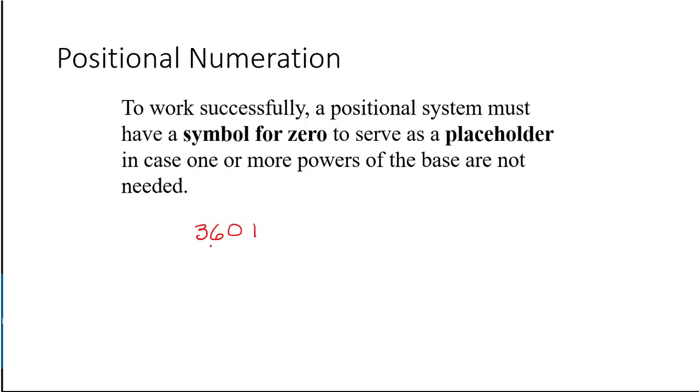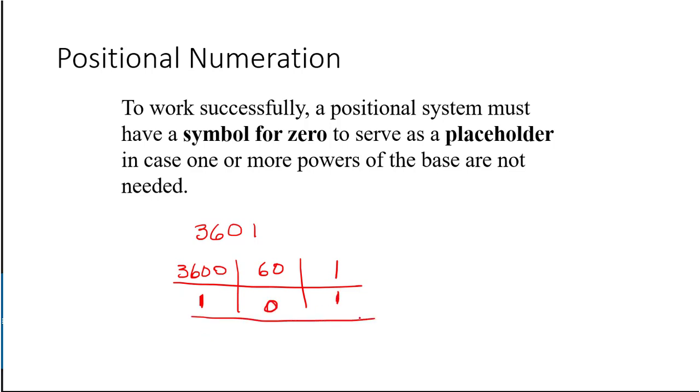Well, 3,600, 60, and 1 are the place values, and we would need 1 3,600 and 1 digit 1, but we would need no 60s. So in fact, that number would look like 1 inverted triangle, nothing, and then another inverted triangle, which could easily be mistaken for 61 or even just the number 2. So the fact that it didn't have a 0 in it was a real problem for this number system.